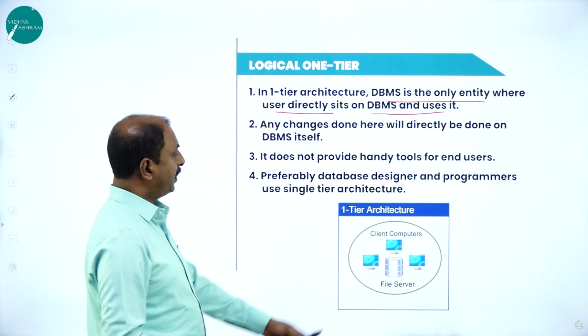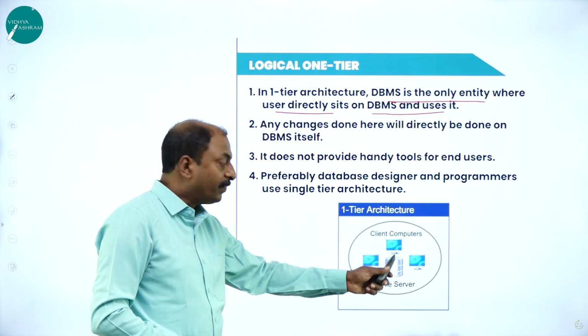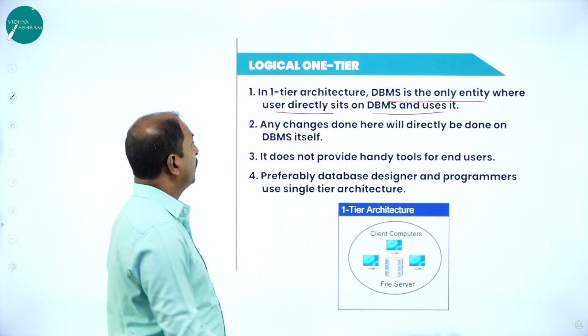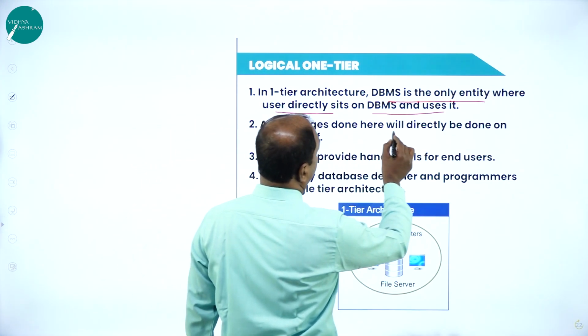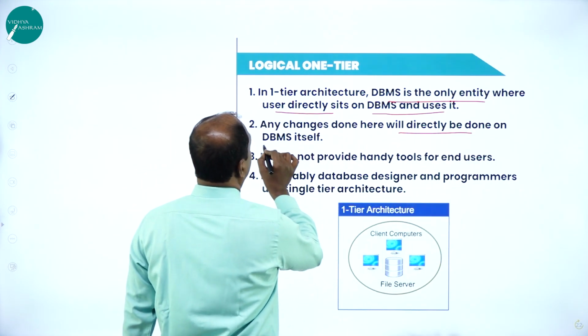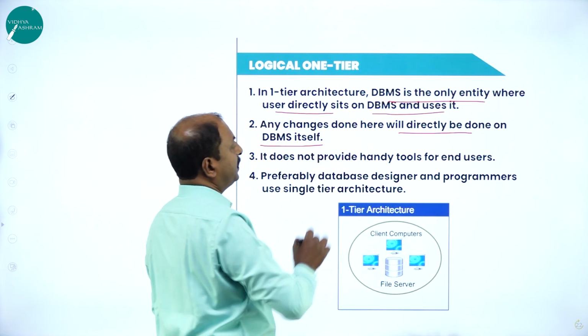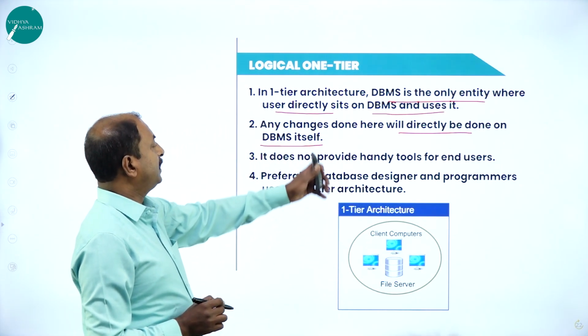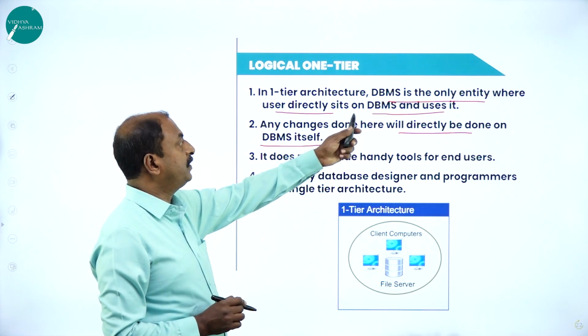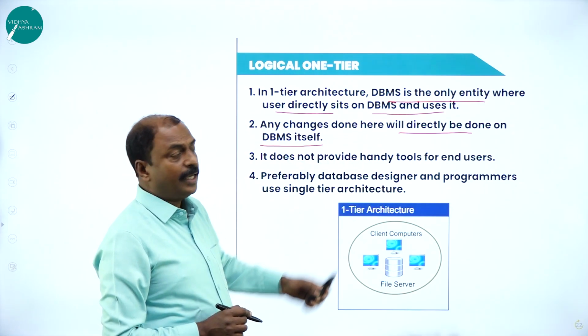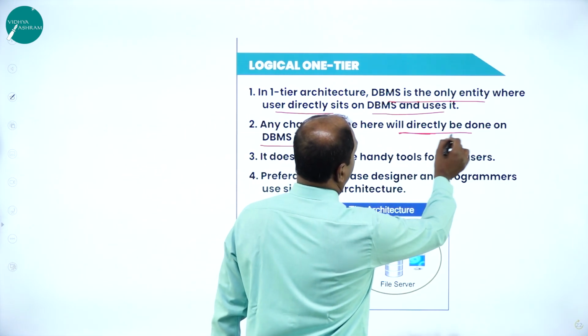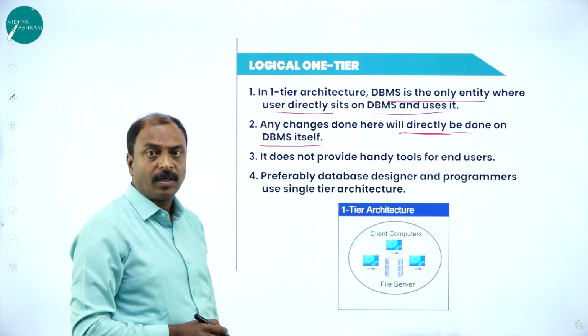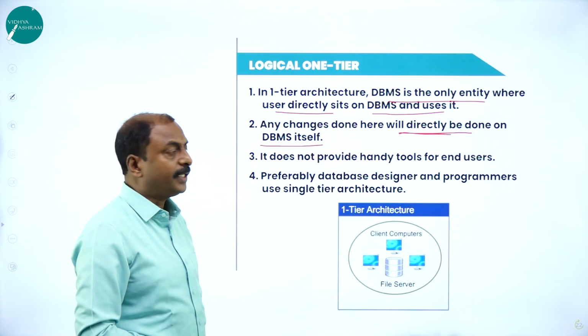Here the users directly work with the database system, so any changes done here are done on the DBMS itself. Because the user works directly with the DBMS, any changes made have an effect on the original database.